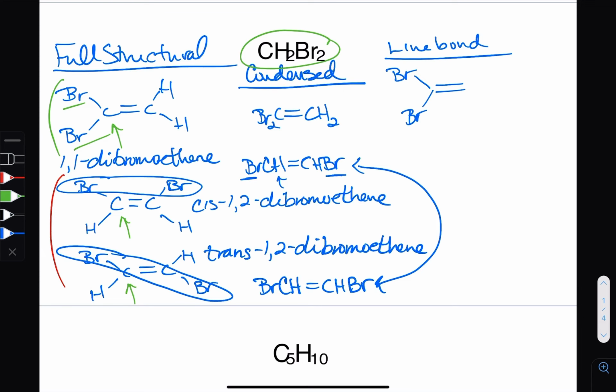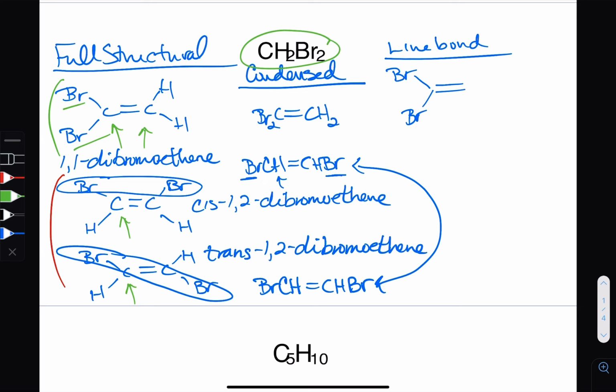You have a carbon that's bonded to a bromine and a hydrogen, okay? So they're all isomers of each other, but the top one, the 1,1-dibromo, that's a constitutional or structural isomer of the two below. And the two below are cis-trans isomers or stereoisomers of each other.